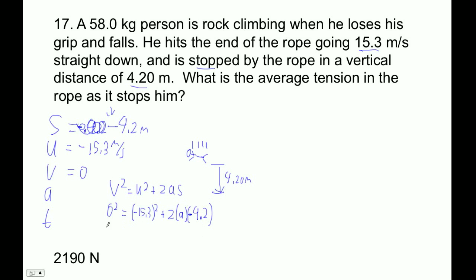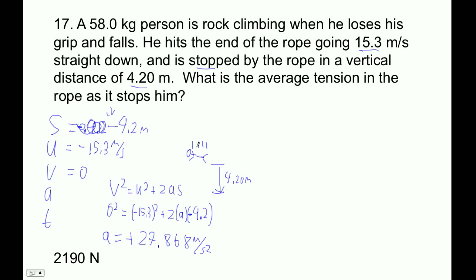We pull this to this side, it becomes negative, right? And then we divide by 2, divide by negative 4.2. And we actually get the acceleration is positive 27.86868, we'll just say, meters per second squared, right?